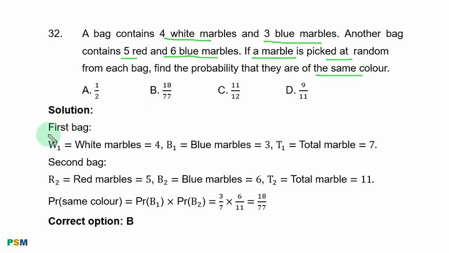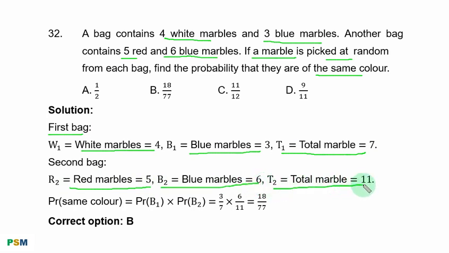Solution. First bag, white marbles, they are 4. Blue marbles, they are 3. Total is 7. Second bag, red marbles, they are 5. Blue marbles, they are 6.